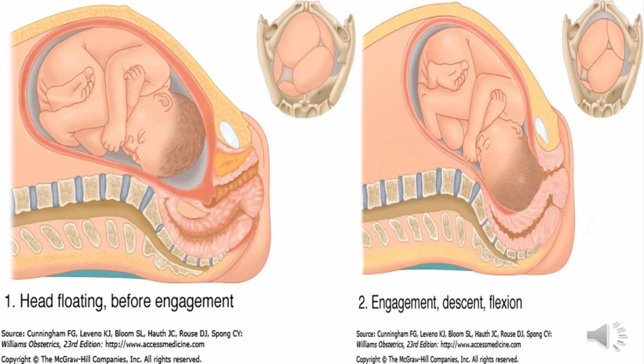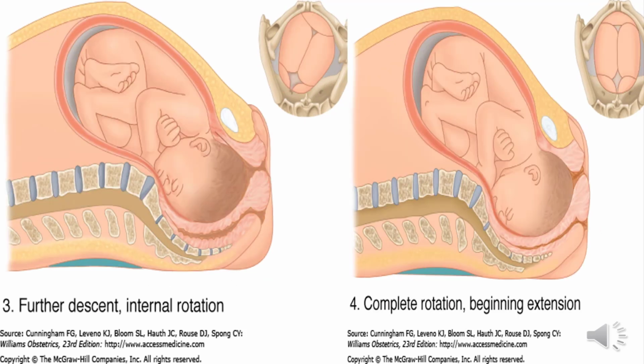Further descent of the fetal head and internal rotation. Look to the occiput. Complete rotation, the occiput beneath the symphysis pubis, and beginning of what? Of extension.